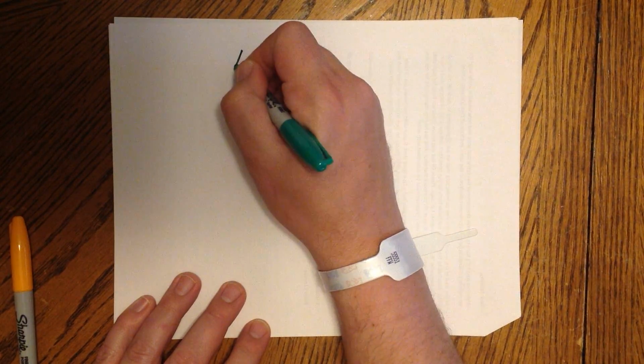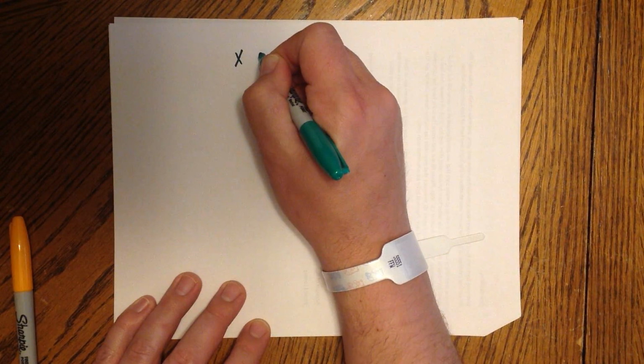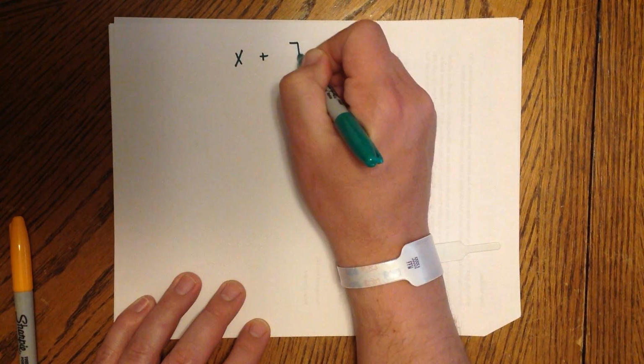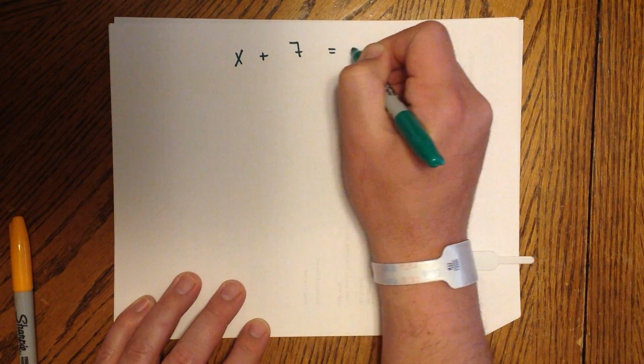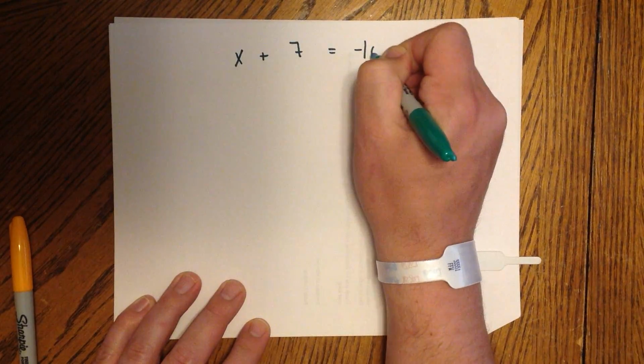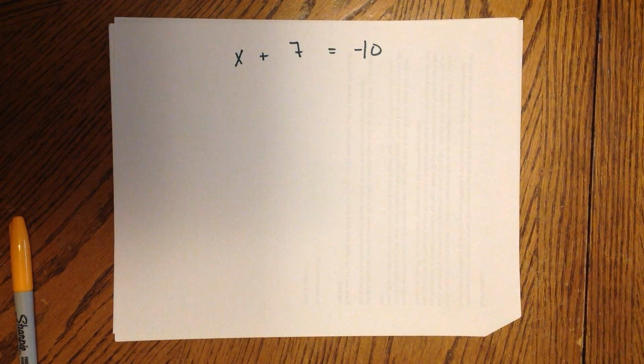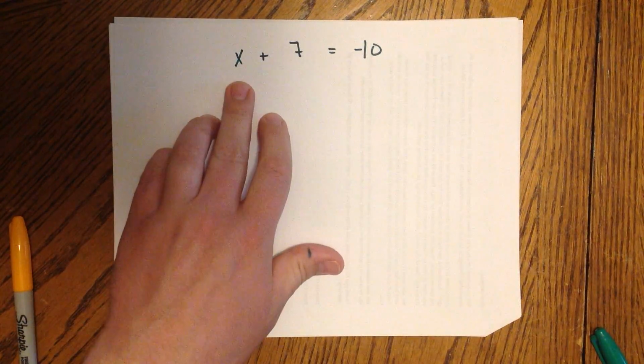In example 1, again, the equation that we were given is x plus 7 equals negative 10. Myself, personally, this isn't from the book, but this is kind of how I handle equations. I've always handled equations like this and any other ones by asking myself the question, what's happening to the variable?